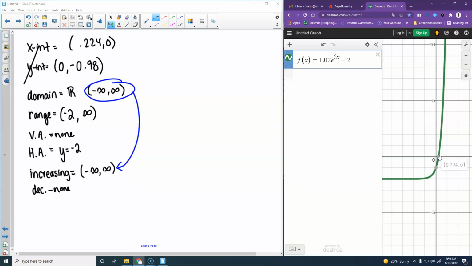Well, they write positive first. All right. So I would have -infinity up to 0.224. That is when my graph is below the x-axis.